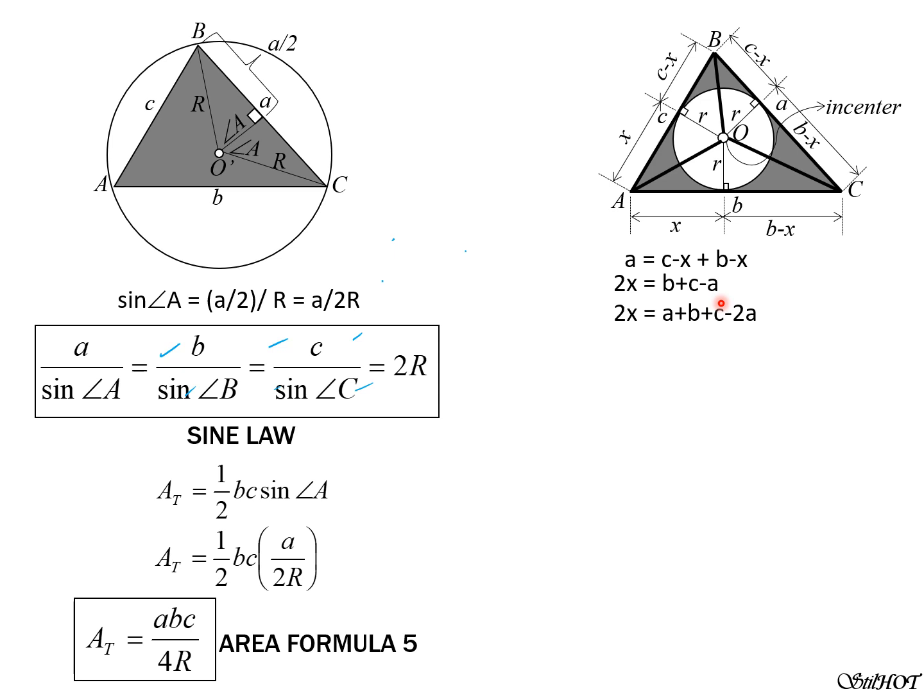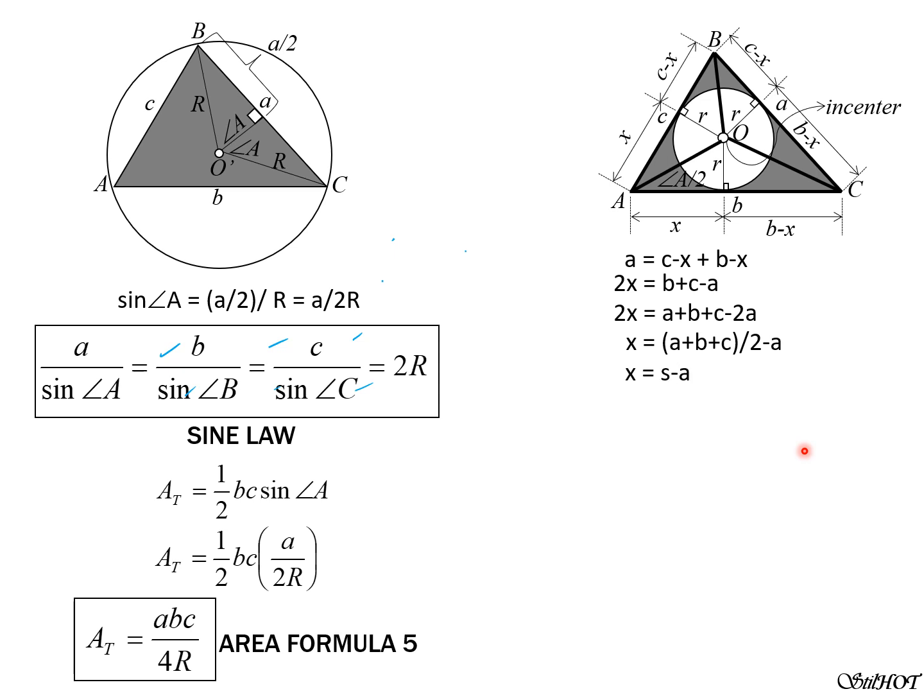So 2X equals A plus B plus C minus 2A. And we note that after we divide by 2, X is the quantity A plus B plus C over 2 minus A. And since this is S, X is equal to S minus A. X is S minus A.